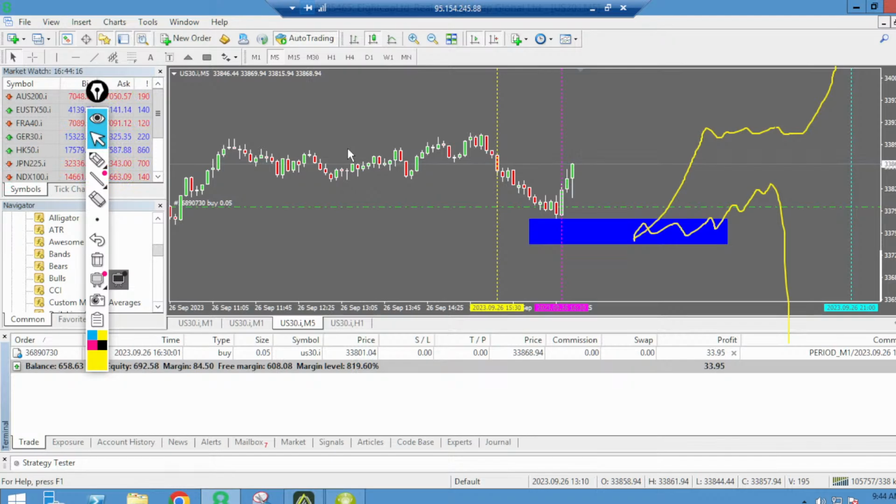All right, so far my impulsive type price action looks like it's in play. So we'll see how this is going to play out.